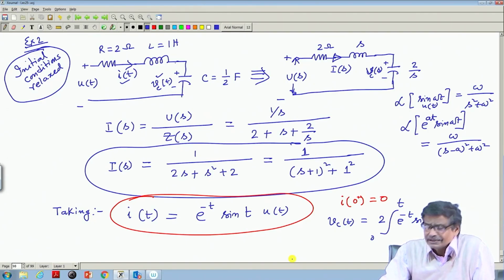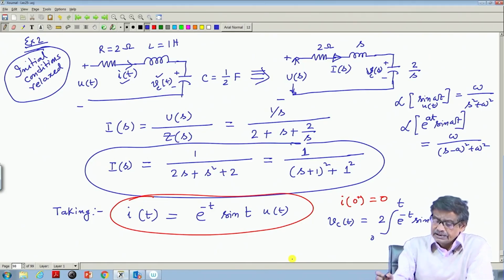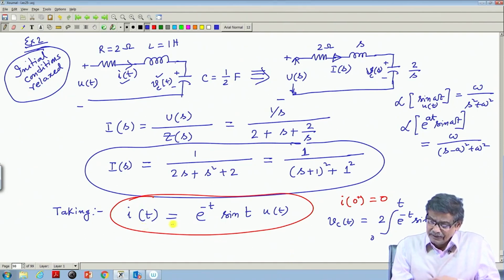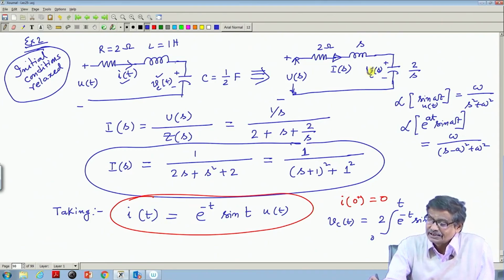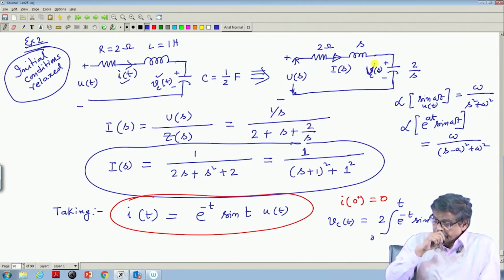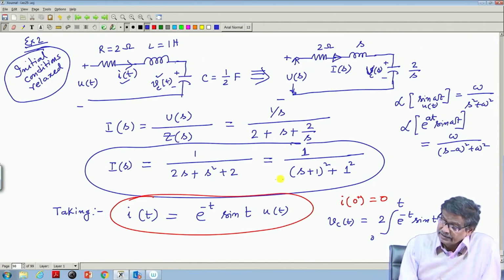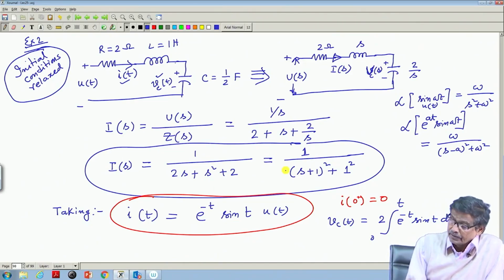This integration is integration by parts, or there is a standard formula: the integral of e to the power ax sin bx dx is e to the power ax by root over a square plus b square times sin of bx minus tan inverse b by a. That way you can get it, but nonetheless let us still apply the Laplace transform to get this V_C(s). Okay. So, I(s) I have already got.